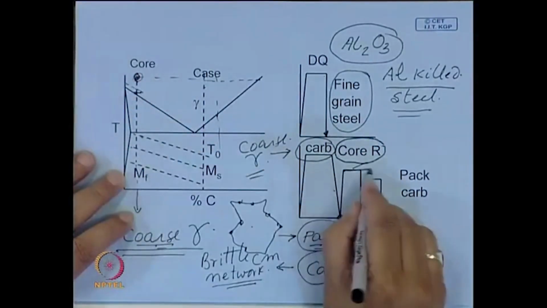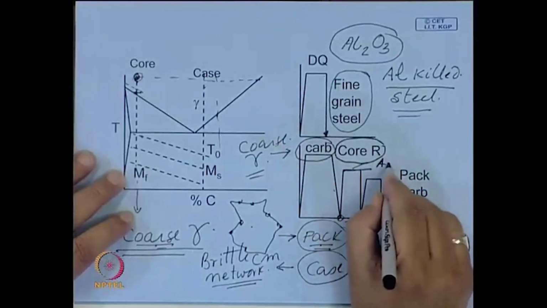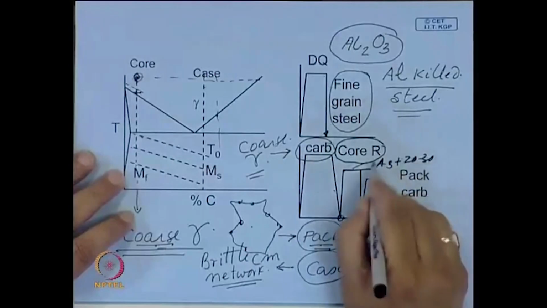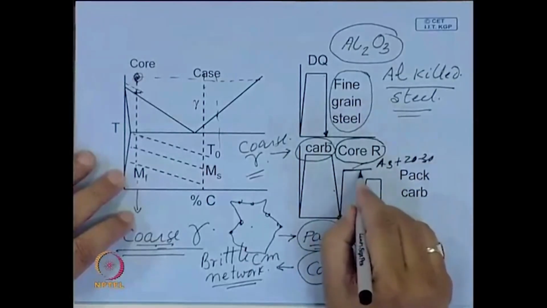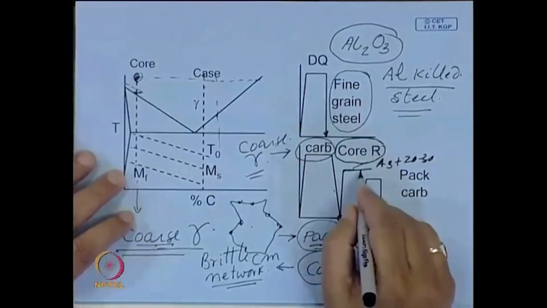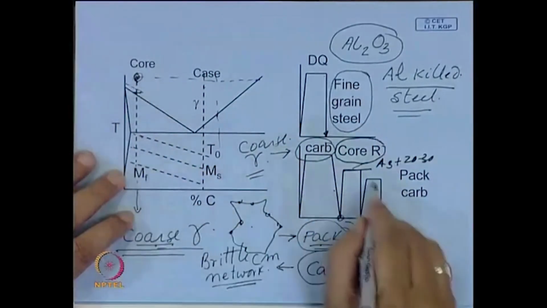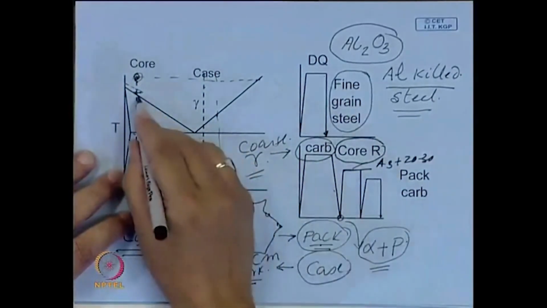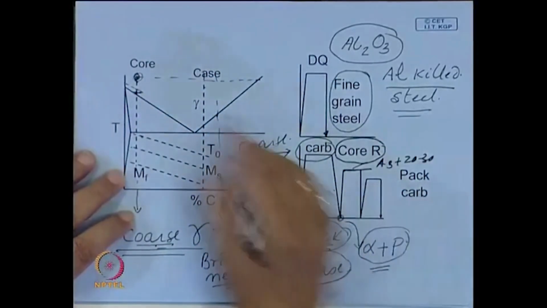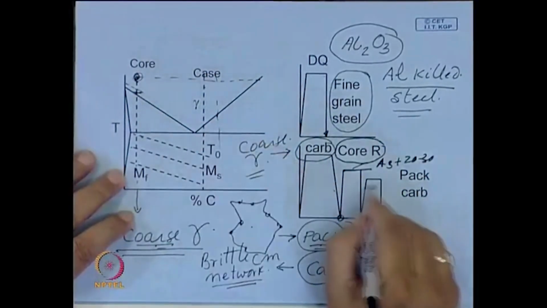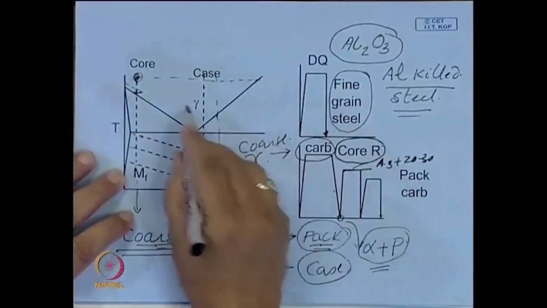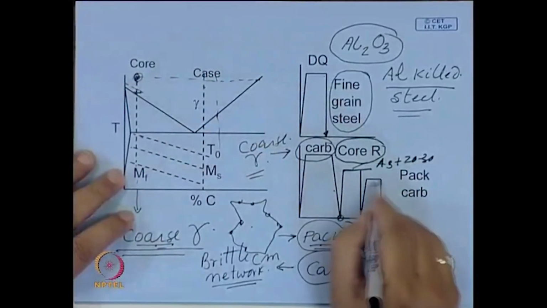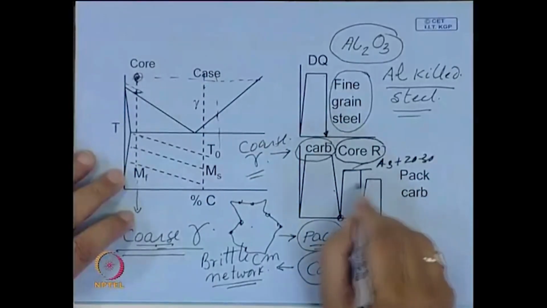Therefore, you have to refine the core first, by heating it above this temperature. This is normally A3 plus 20 to 30 degrees centigrade, with sufficient hold time, and then you quench. That is how you refine it, since you are suppressing the cementite network from forming over here. This also gets converted into globules of cementite or a broken cementite network.